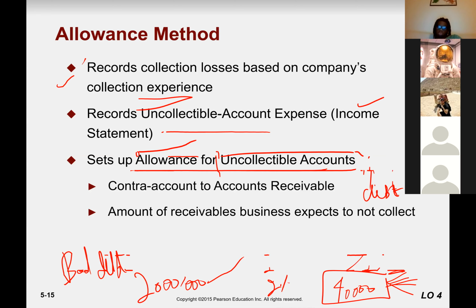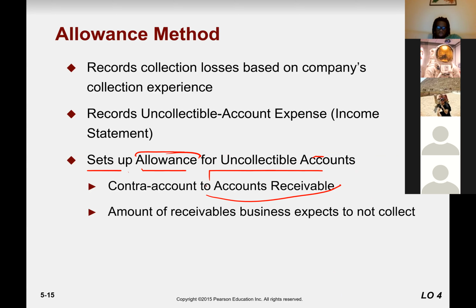How do we establish or set up our allowance for uncollectible? Remember, this allowance for uncollectible is a contra account, or opposite account, for accounts receivable. Like we talk about, we establish a contra account for plant assets like recording depreciation, which we will talk about when we cover property, plant and equipment, fixed assets.